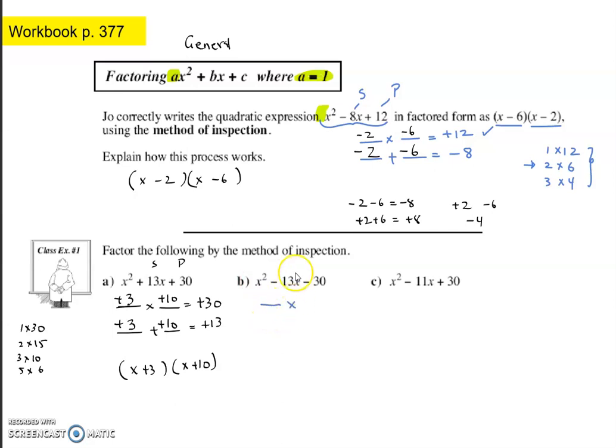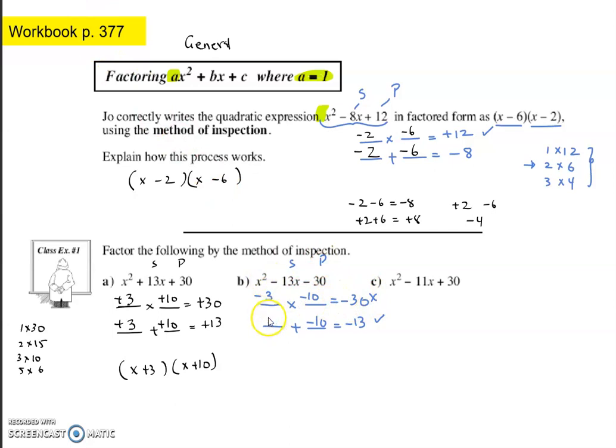Now again, SP: the product has to be negative 30 and the sum has to be negative 13. This shows you how the signs make a difference with the same numbers. This time I can't pick 3 and 10 again, because if I do negative 3 and negative 10, the sum will work, but the product will not, because this will give positive 30, not negative 30.